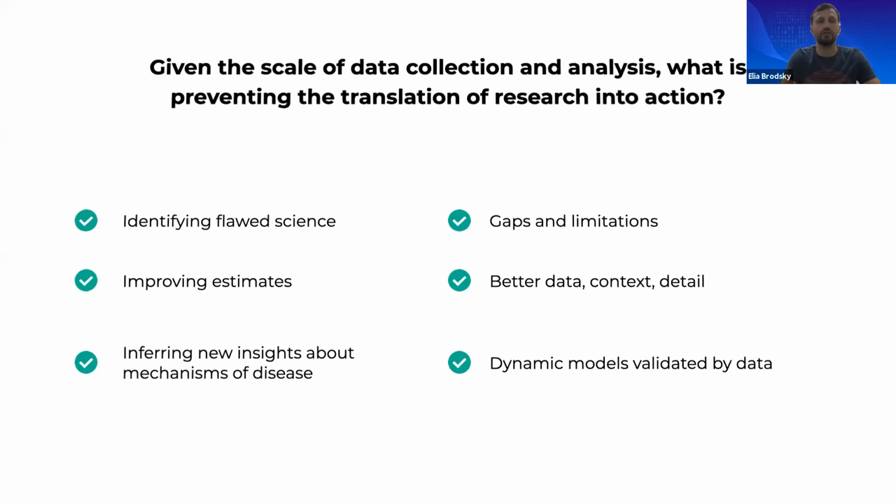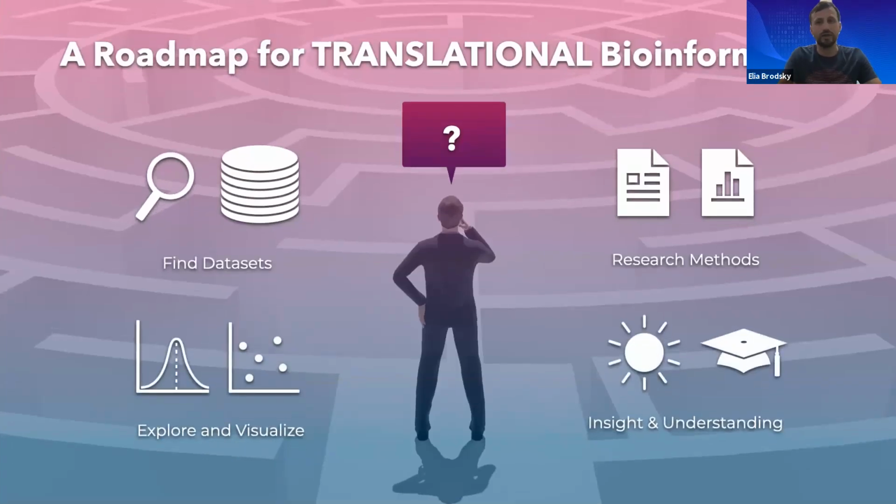And so that is one of the reasons why we are thinking of how we can develop a roadmap for translational bioinformatics that includes a process of helping researchers, scientists, and students find relevant data sets that are available for public use, how to properly explore and visualize to get a sense of what kinds of variation are standing out and are critical and interesting for further research.